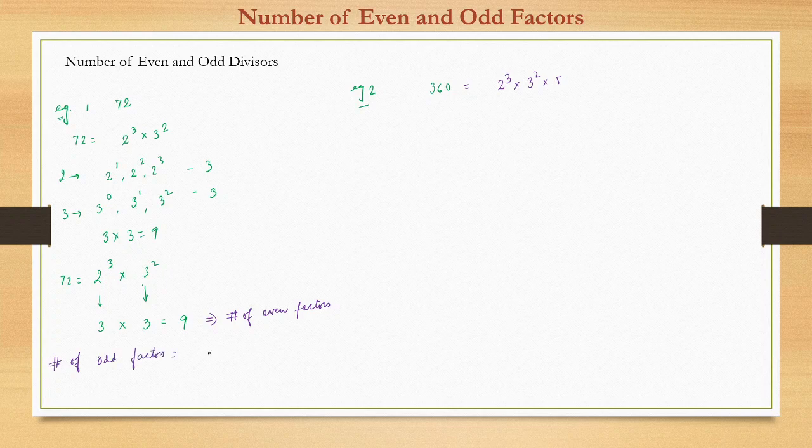Number of odd factors would be, 2 has to have a power of only 0, and 3 can have any powers, either 3 raised to power 0, 3 raised to power 1 or 3 raised to power 2.